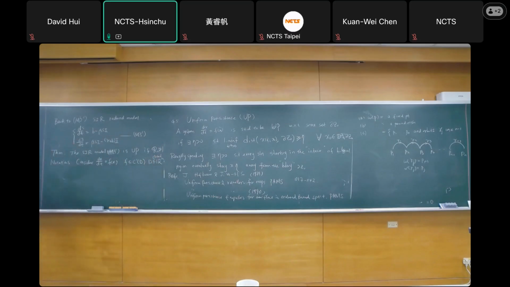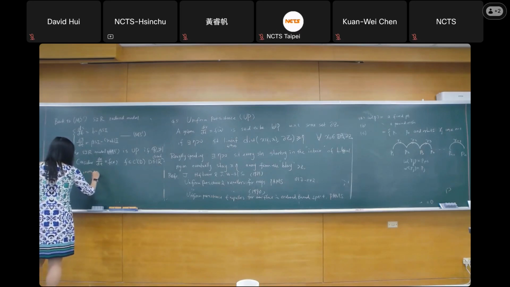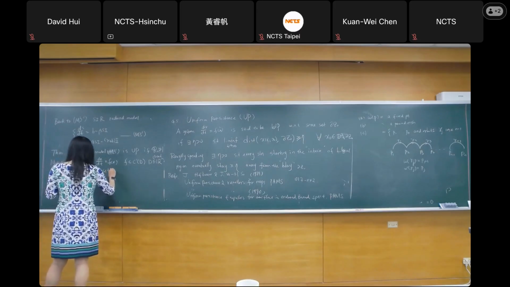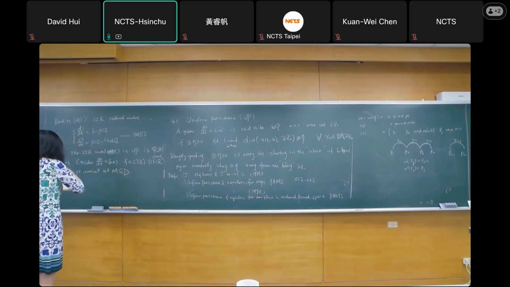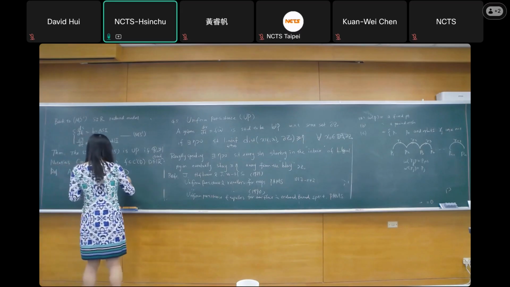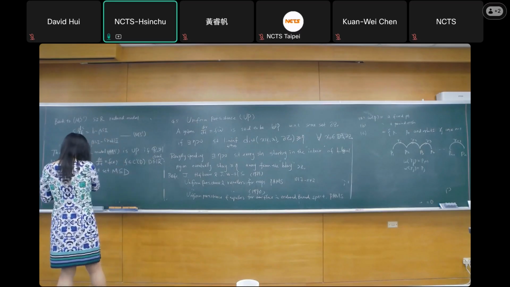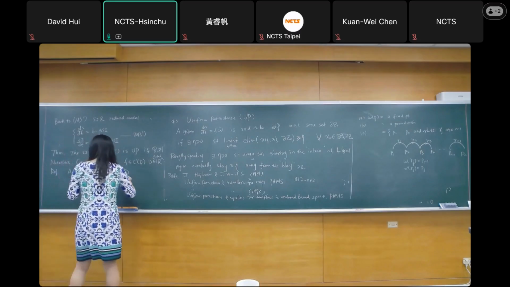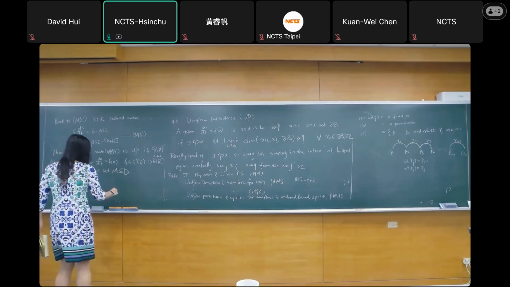Okay, so now we say a compact invariant set, let's say M, contained in the domain where the system is defined, and the other complement. M is a compact invariant set.